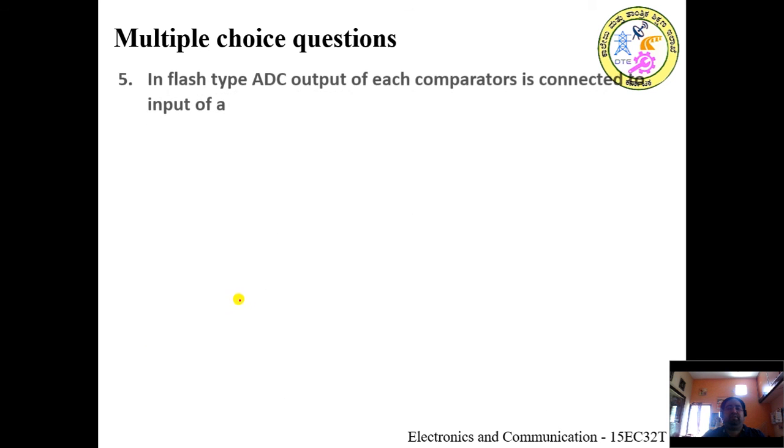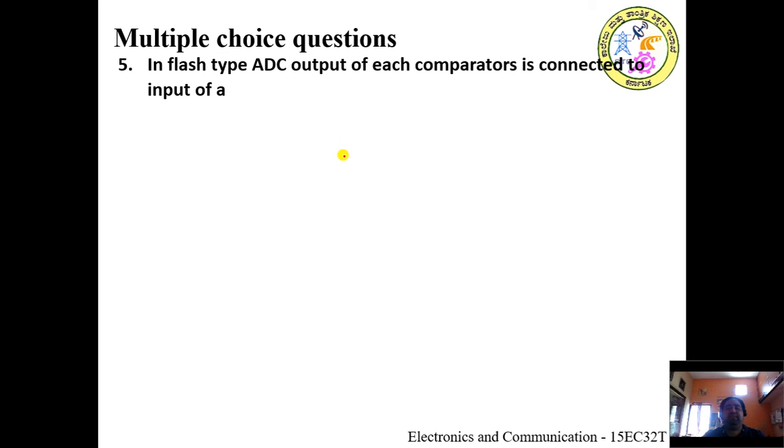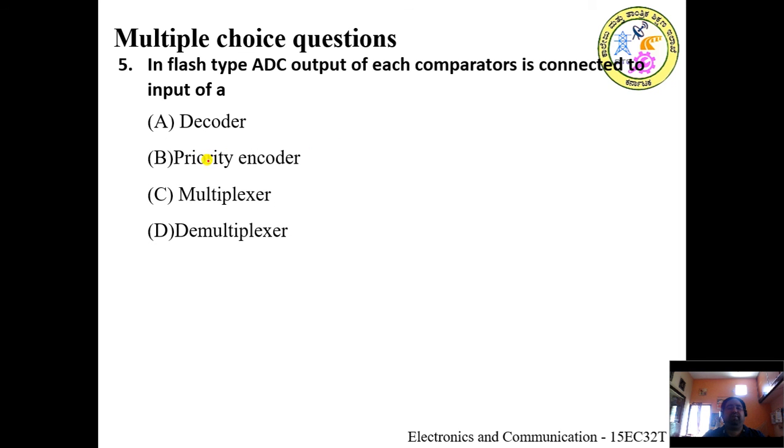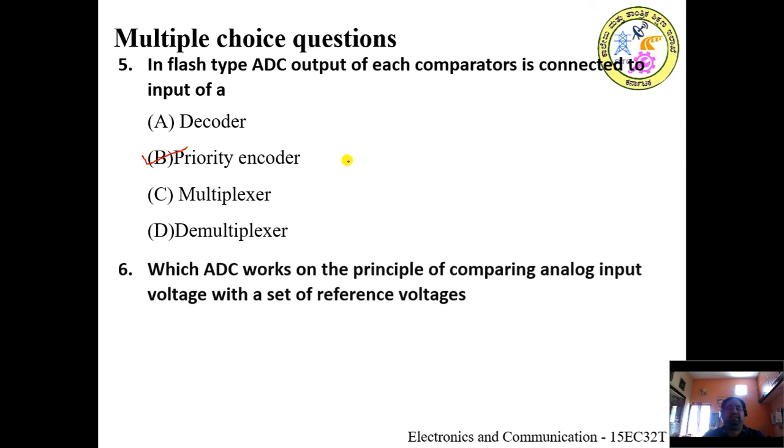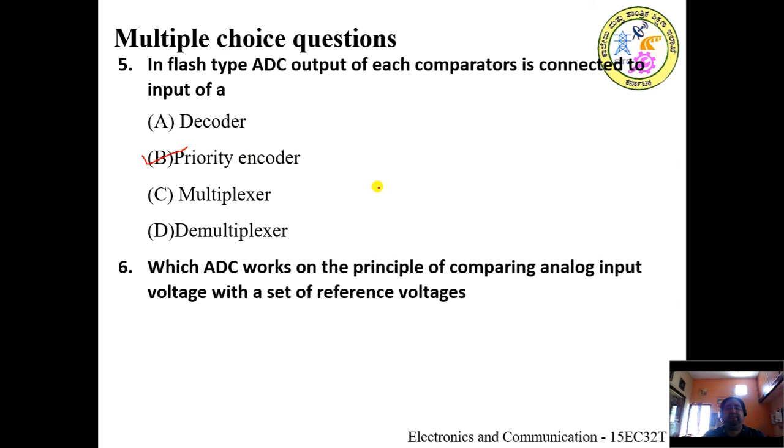Fifth one: in flash type of ADC, the output of each comparator is connected to input of a decoder, priority encoder, multiplexer, or demultiplexer. The answer will be priority encoder. Sixth one: which ADC works on the principle of comparing analog input voltage with a set of reference voltages?